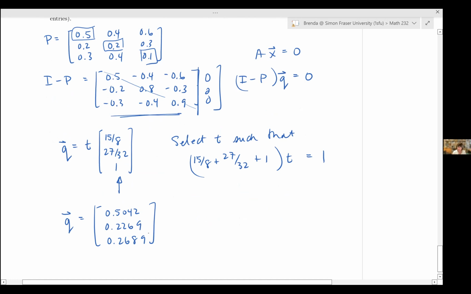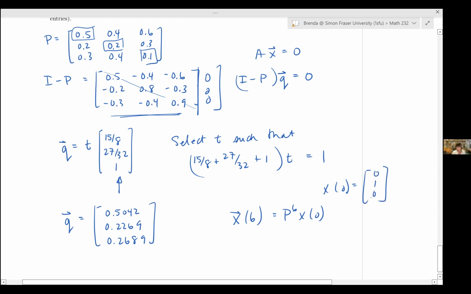Now, what's very exciting, folks, is look at what X6 was from before. I'm flipping back in my notes to make sure that I copy it out correctly. I calculated X6 before by calculating what? P to the 6 times X naught, where X naught was a probability vector that looked like that.